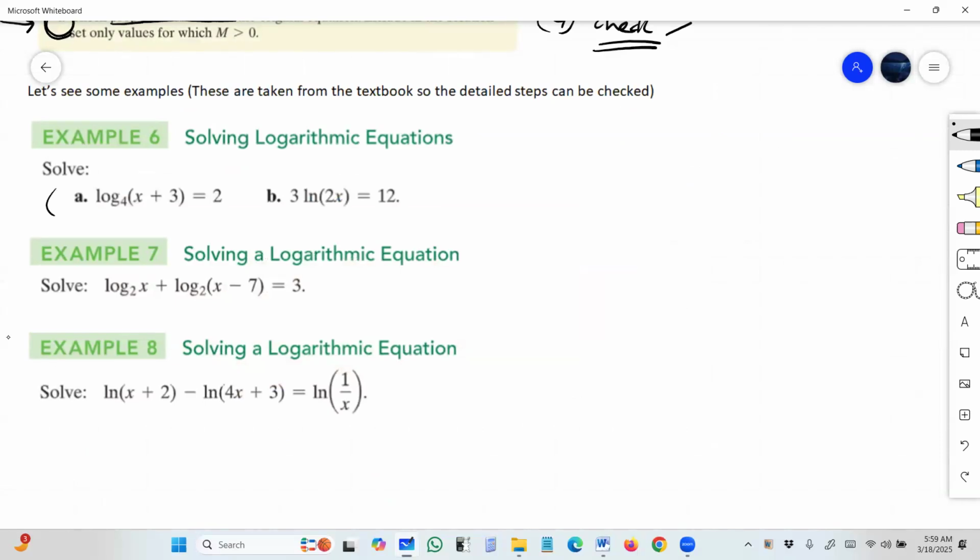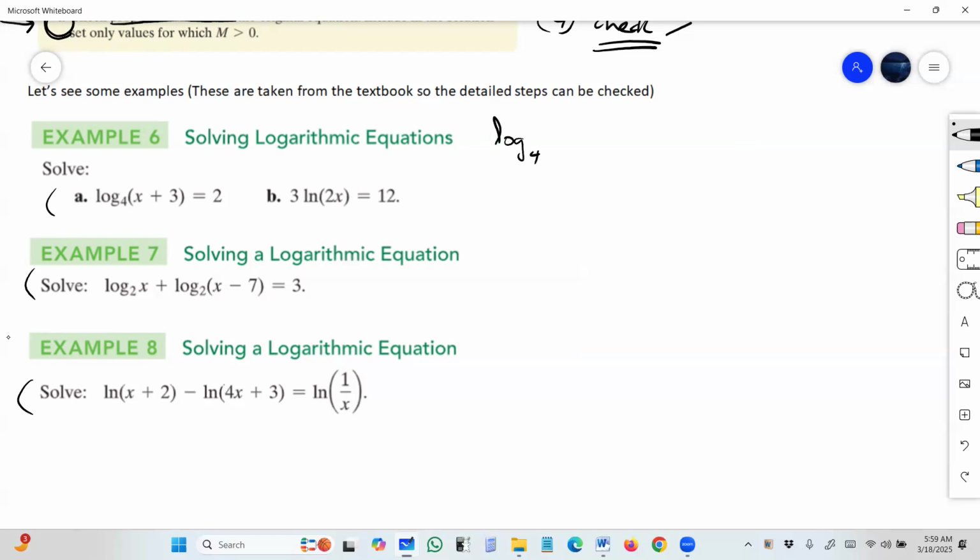The first, A and B, are the easier ones. Then we have a situation where we have to condense the log one way, and then the last example, condense the log another way. All right, so let's begin with type A, the first one.